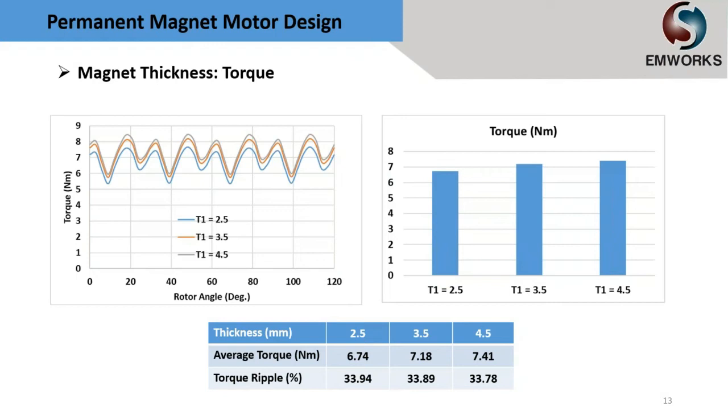You can see that the average torque has increased from 6.74 Newton meter for magnet thickness of 2.5 millimeter to 7.4 Newton meter for magnet thickness of 4.5 millimeter. This is around 10% increase, while we have increased the magnet thickness by 80%.